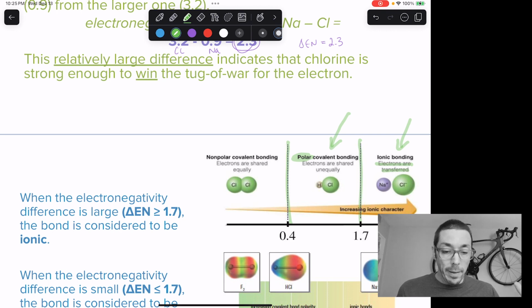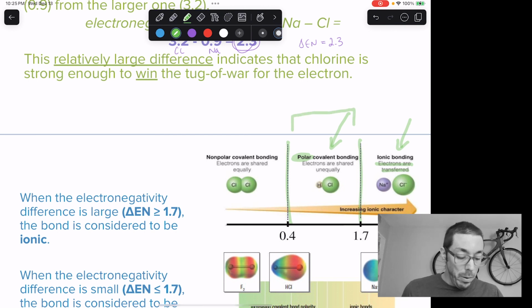Polar meaning one side versus the other. So in that case, the oxygen is pulling the electrons more toward itself, even though it's still sharing with the hydrogen. And so polar covalent bonds would range anywhere between about 0.4 or 0.5 difference up to 1.7.